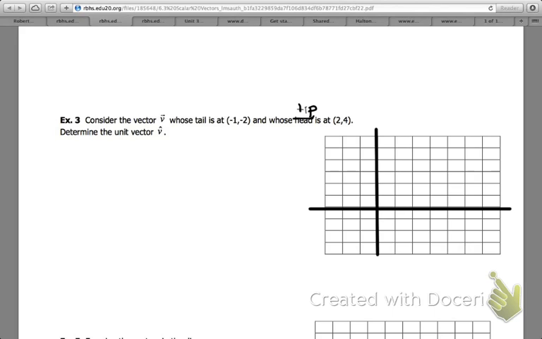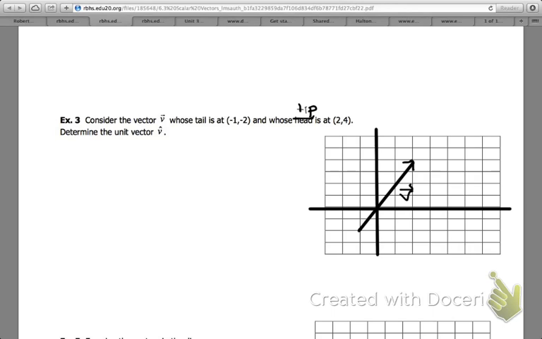We know that our tail is at -1, 2, so we have a value right here. And we know that our tip is at 2, 4, so from the origin over 2, up 4. So this here will be the end, at our tip. So we have our vector here, which we can label as our vector v.